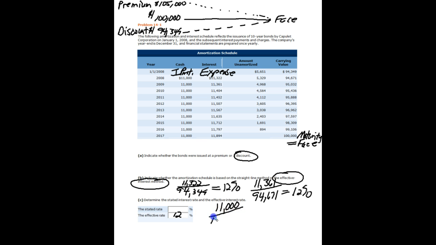That would have been based on the face amount of $100,000, so 11%. So again, here's the cash payment. This is based on the contract. If the contract rate is 11%, the contract face amount is $100,000. Multiply those two together and you'll get an annual payment of $11,000.